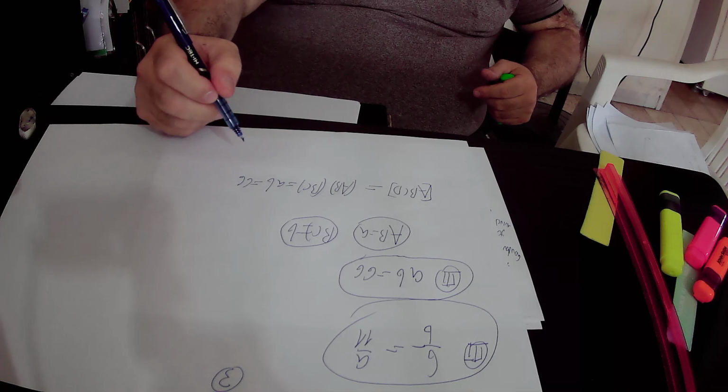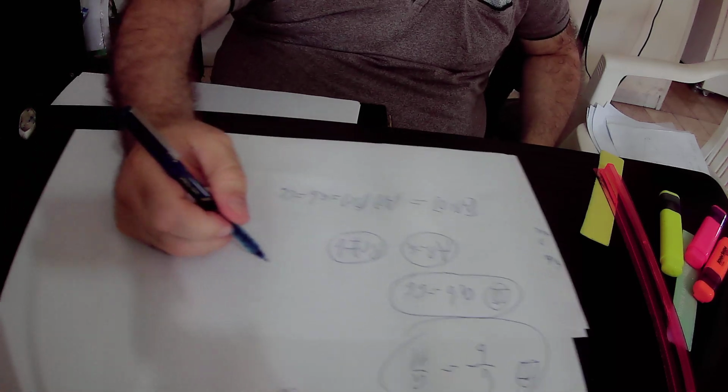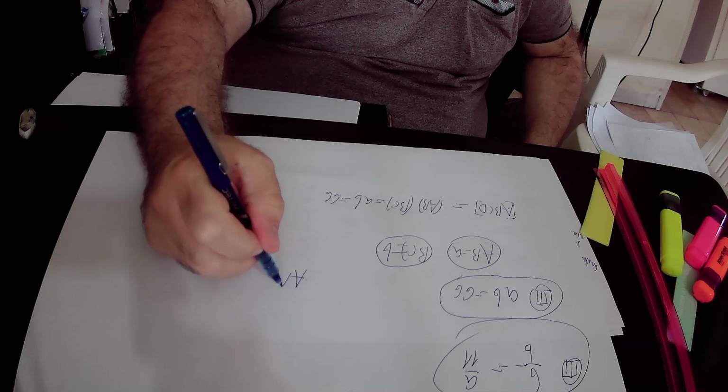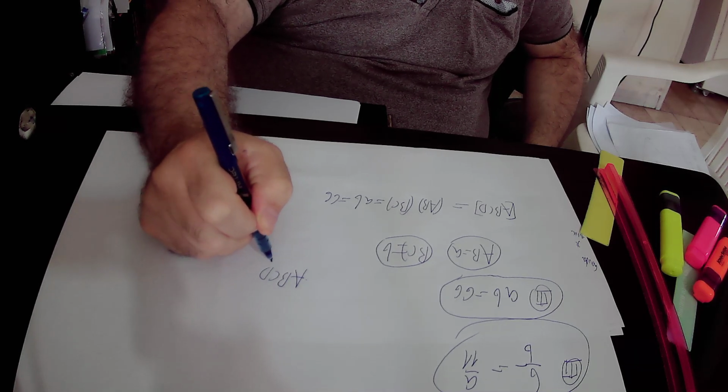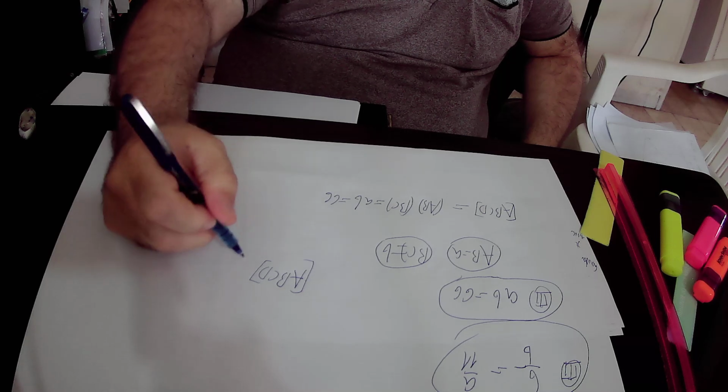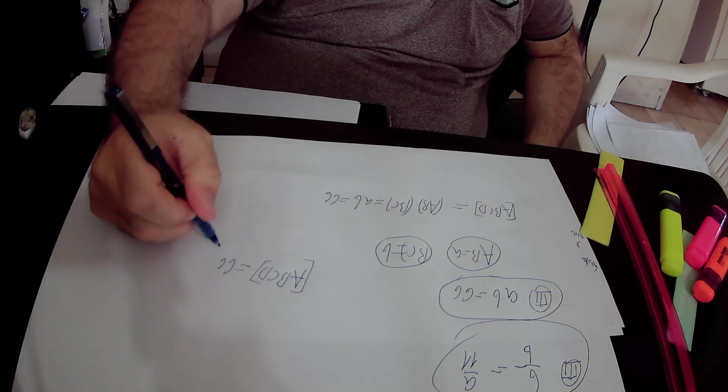So in conclusion, we found out that the area of the rectangle ABCD that we are looking for is equal to 66 square units.